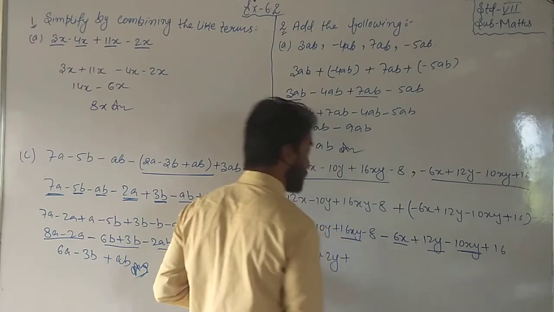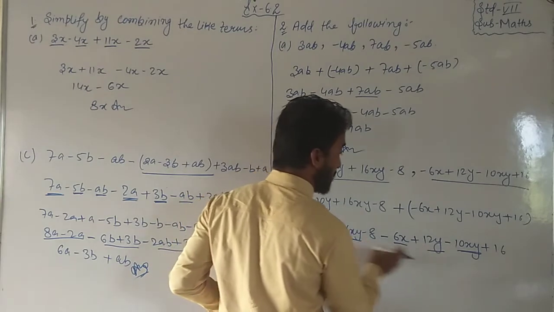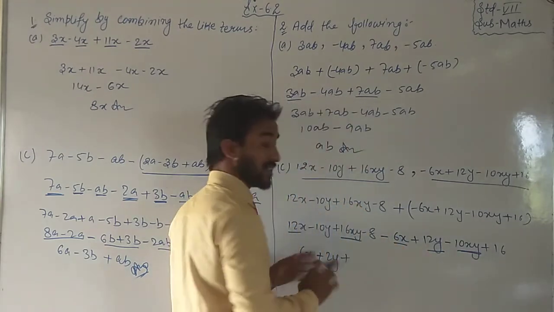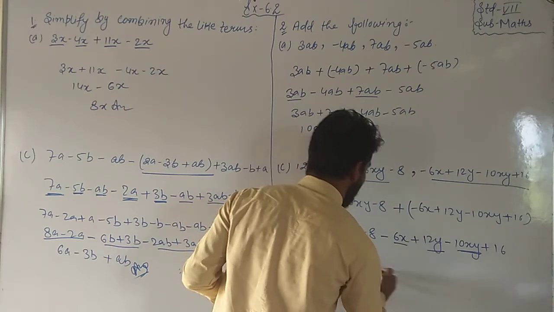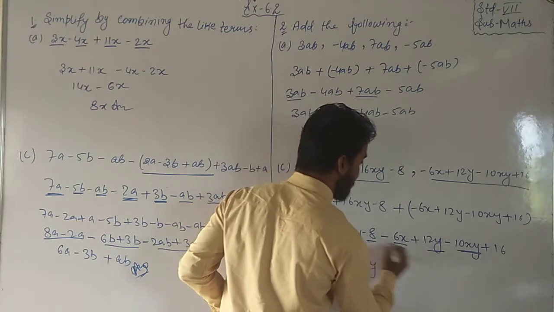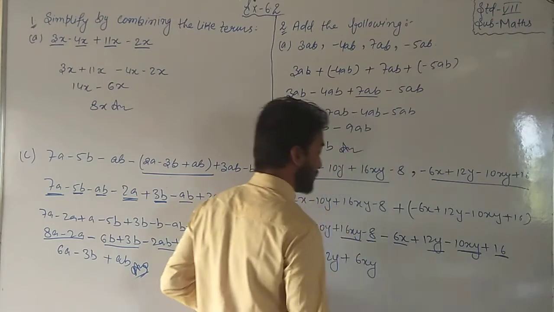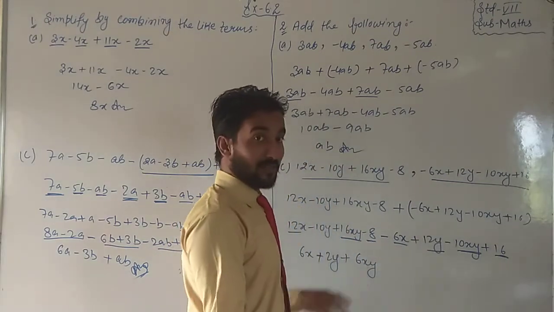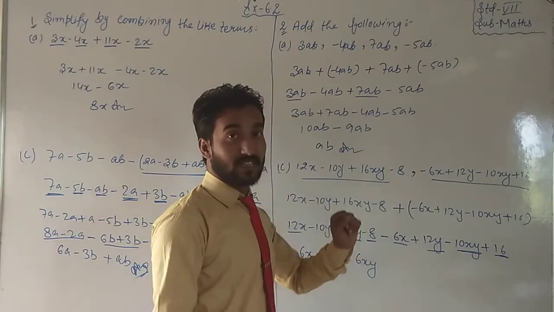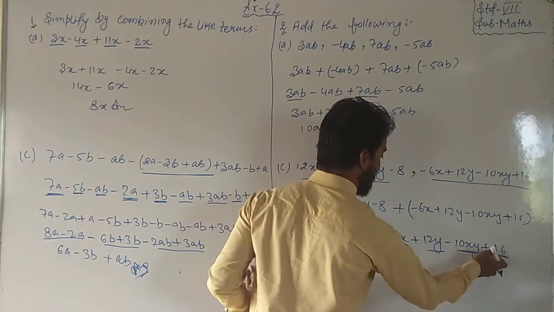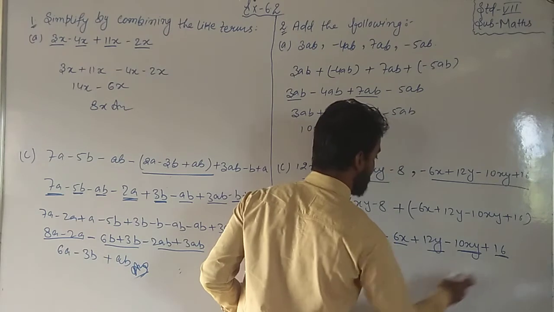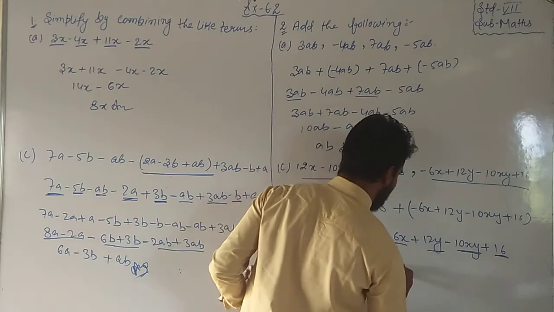So we will put positive. This 16xy and this minus 10xy, what will the result be? 6xy. So we will put 6xy here. This minus 8 or plus 16, which is greater? Even a class one student will tell very easily. Sixteen will be greater. So before 16 which sign is there? Positive. We will put positive here. 16 minus 8. What will the result be? 8.